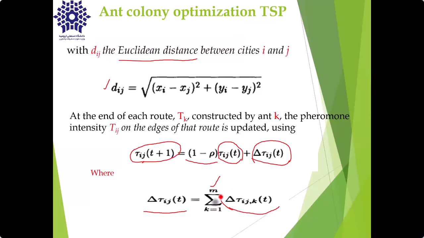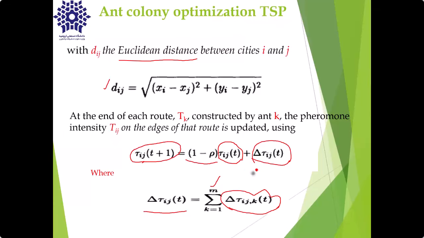The summation of all the pheromone spread on the edge between city I and city J at time t, across different ants, is the delta tau ij.